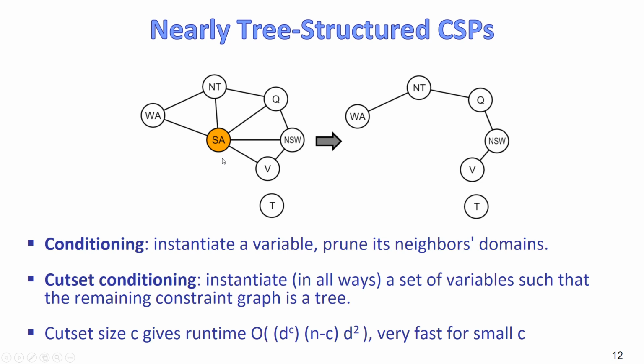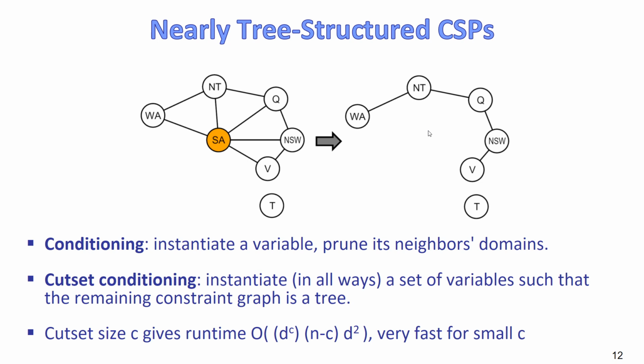So for that variable that, if we remove it, the problem will be tree structured, we assign a value to it and prune the domain of the neighbors of that variable before we remove it from the graph. If we do that, then the new graph is still a different problem, but it is related to the actual problem.